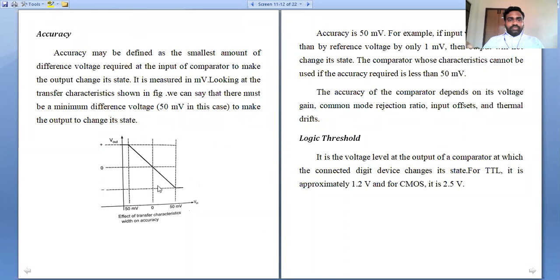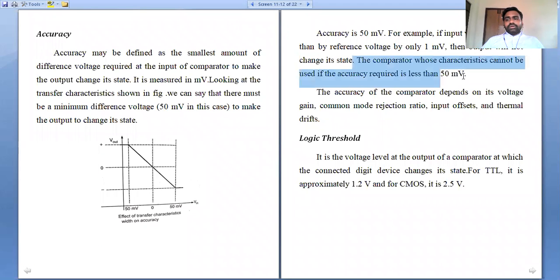The difference between input voltage and reference voltage has to be more than 1 millivolt; only in that context can we say the comparator accuracy is dropped a bit. If it is less than 1 millivolt, the comparator is quite accurate and good. The output won't change for less than 1 millivolt.